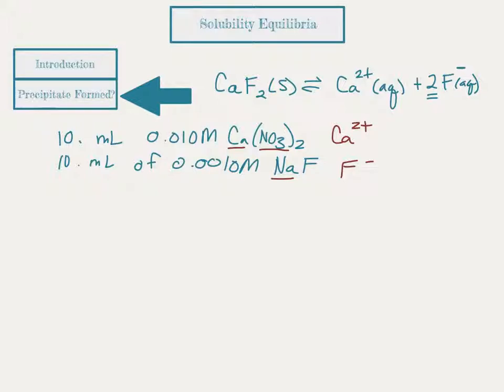Okay, now I need to think about the fact that I'm mixing two different solutions. Each of my samples is going from being 10 milliliters to having a volume of 20 milliliters.